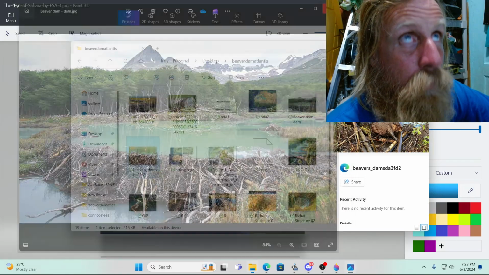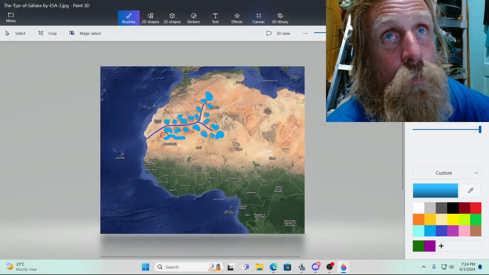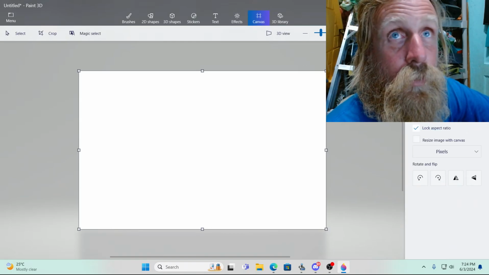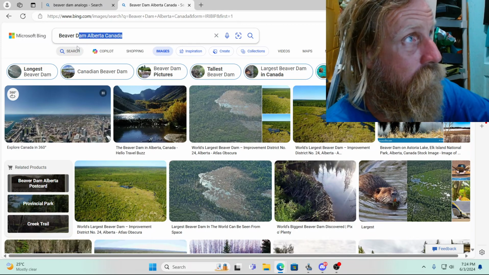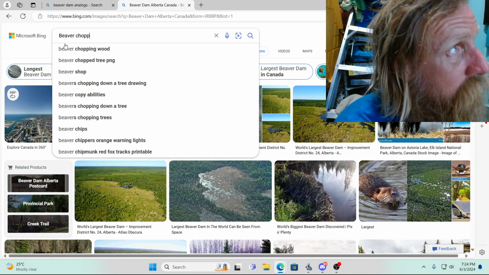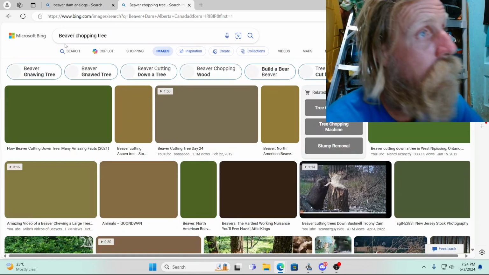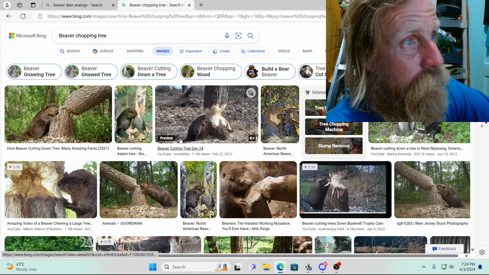Let me see if I can get a video. A quick video here. Here we get this beaver chopping down a tree.